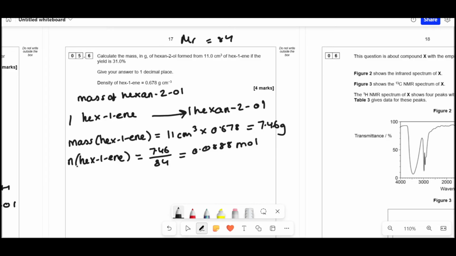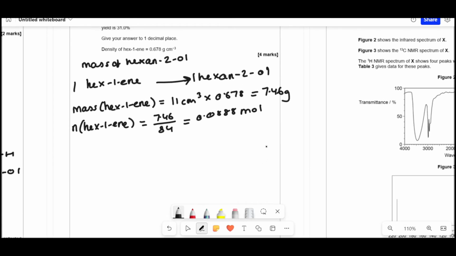And this is the moles of hexagonine, which is what we start with in this reaction. A lot of people get to this point and they don't know what they just worked out. They're like, what am I doing? So we have this many moles of this, therefore we expect that the moles of hexan 2ol should also be 0.0888 moles.